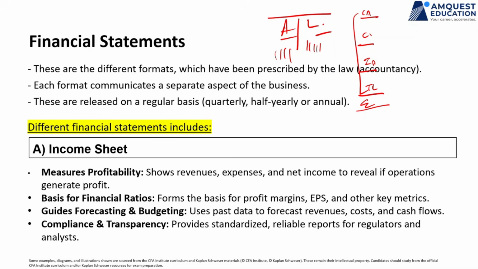Then it guides forecasting and budgeting. The past data which the income statement uses also helps you forecast revenue, cost, and cash flows. Compliance and transparency: it provides standardized, reliable reports for regulators and analysts.